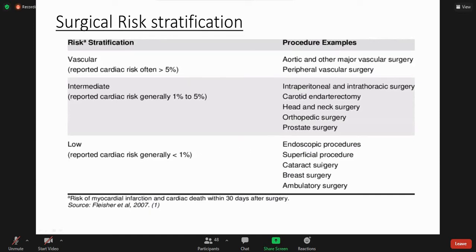They include endoscopic surgeries and superficial procedures, such as procedures on skin which don't need any kind of anesthesia or can be done under local. Cataract surgery, breast surgery, ambulatory surgeries. These are the risks according to the surgeries.